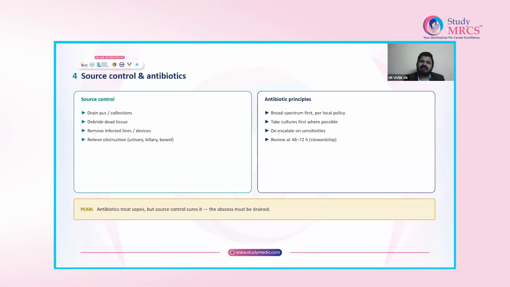Sometimes you may have to escalate or de-escalate the antibiotics depending upon the culture report. And you have to review the patient frequently. The key point is the antibiotic treats sepsis, but the source control cures it.